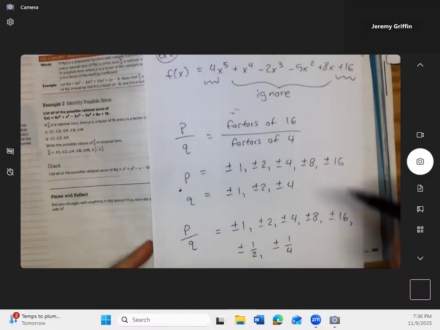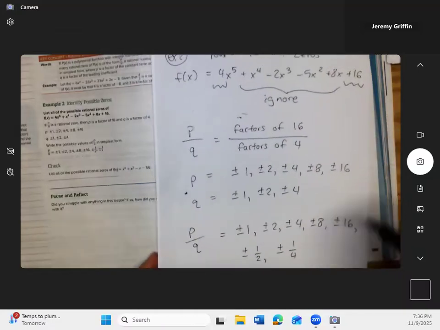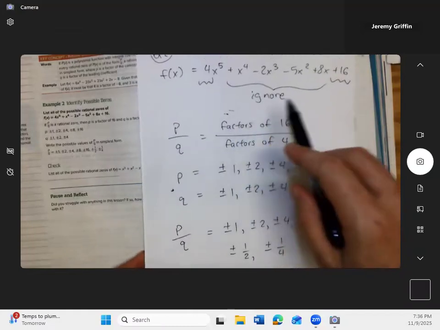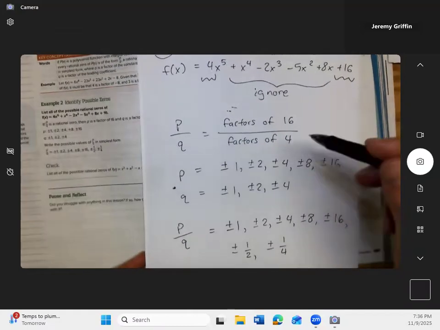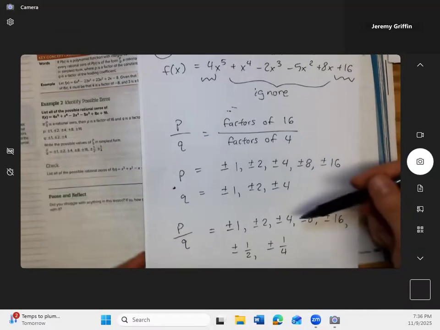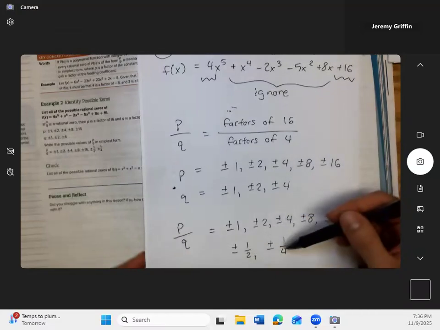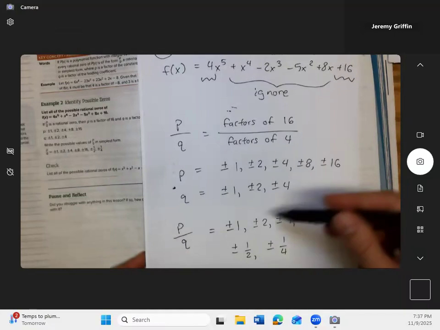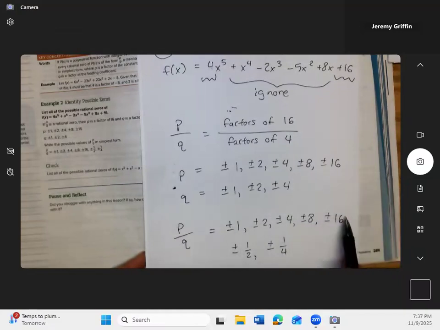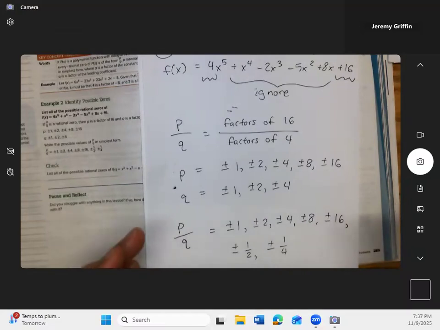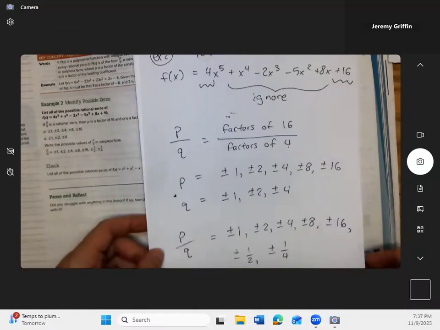So maybe I could do x minus 2 and either do long division or synthetic division and test that out. And then how about x minus a half, x minus a quarter, and so on. So I could try all these. There's 2, 4, 6, 8, 10, 12, 14. There's 14 different potential good candidates here. And they probably don't all work, but maybe some of them do. And then I could use either long division or synthetic division to narrow down the list until I find something that works. So that's pretty much the theory.